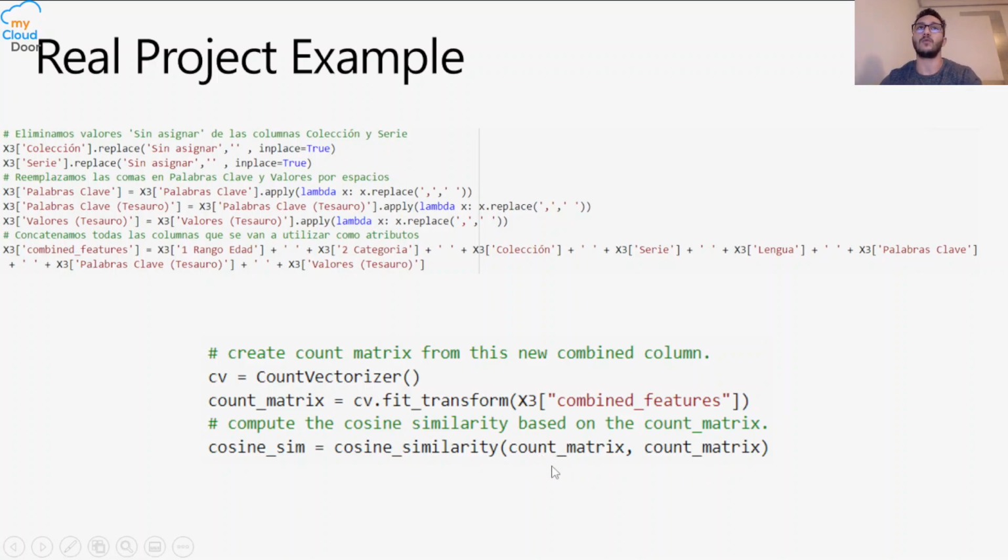Because we take the first matrix and the second matrix. We take the first item, which is the first book, from these 400 books, and compare it with the first item in the other matrix, the second item, the third item, the fourth or the fifth, and so on. And we compare it with 400 items.